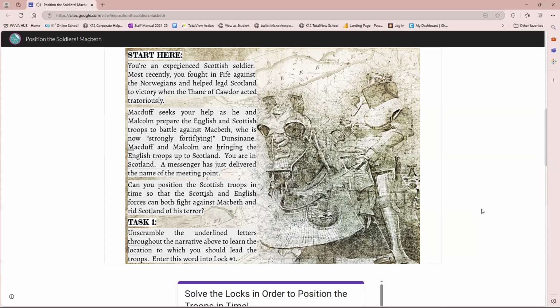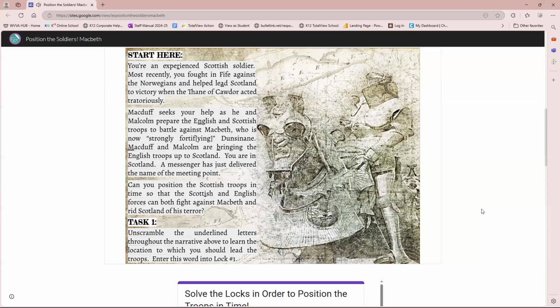Macduff and Malcolm are bringing the English troops up to Scotland. You are in Scotland. A messenger has just delivered the name of the meeting point. Can you position the Scottish troops in time so that the Scottish and English forces can both fight against Macbeth and rid Scotland of his terror?